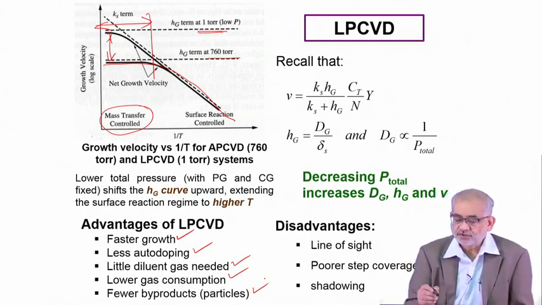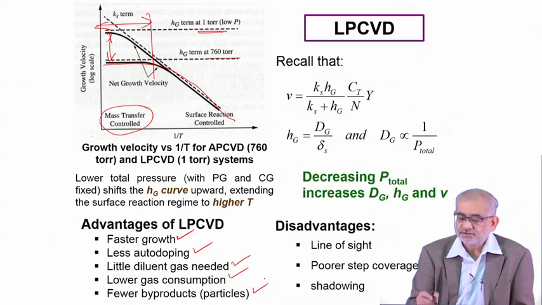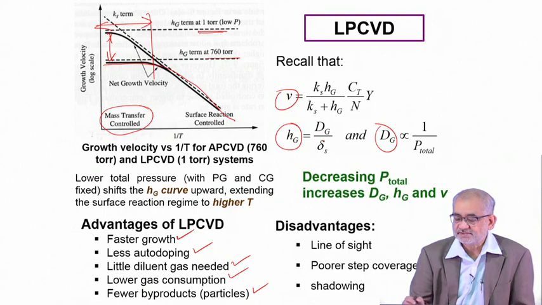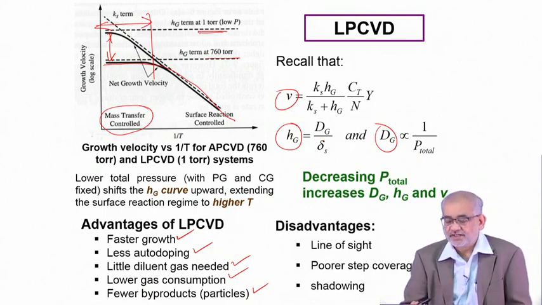Overall, the velocity will depend upon the partition coefficient and the convection coefficient, and the convection coefficient in turn is dependent upon the layer thickness and the diffusion coefficient of the gas, and the diffusion coefficient in turn is dependent upon the pressure that we have in the chamber.